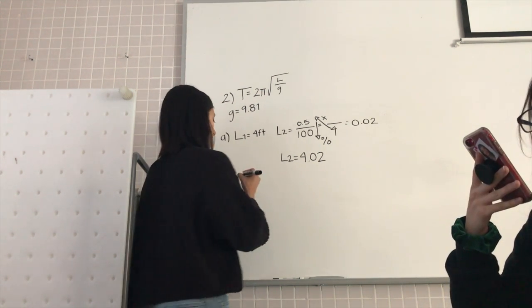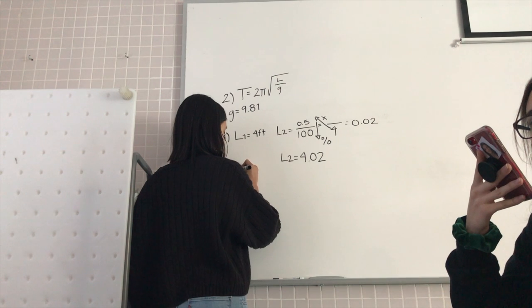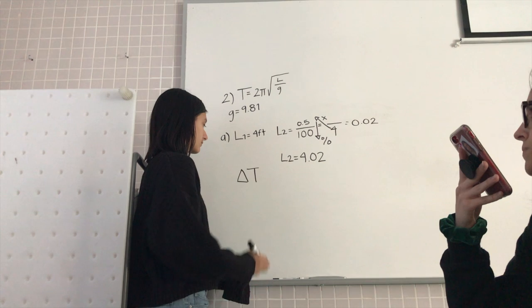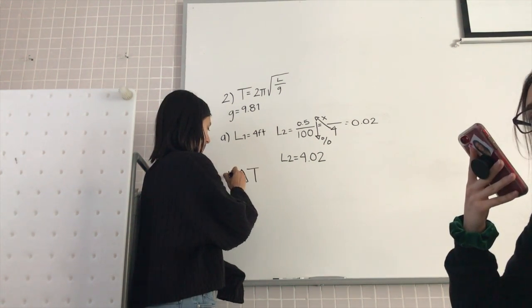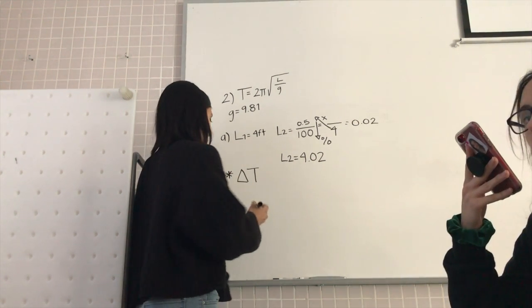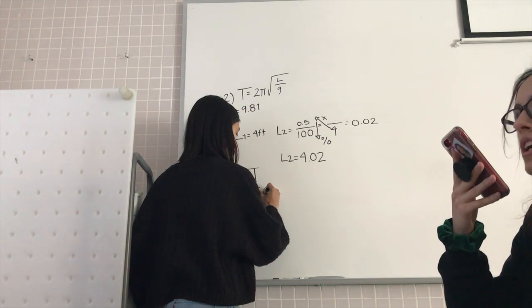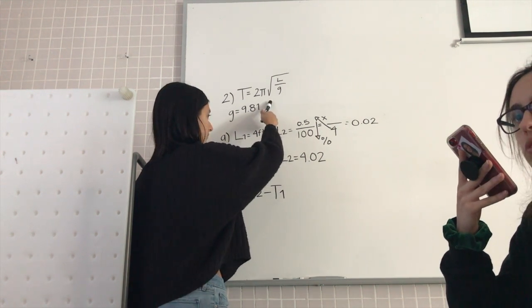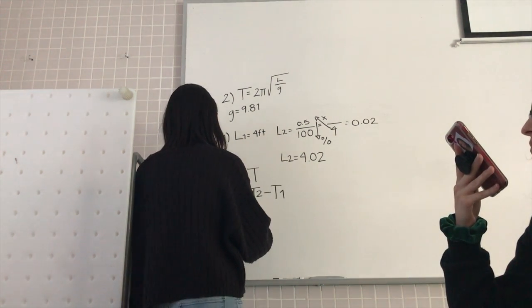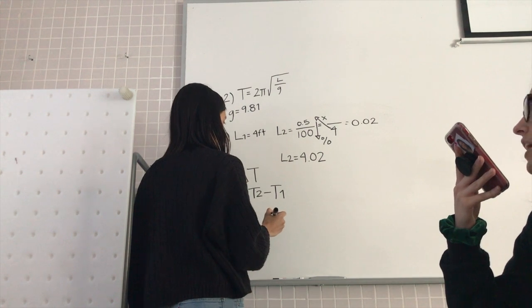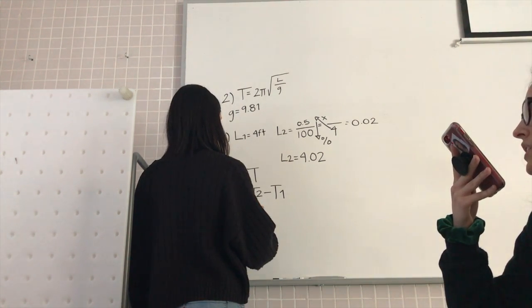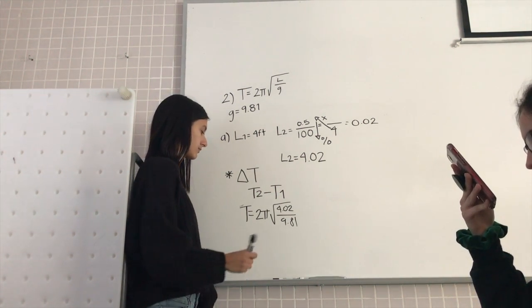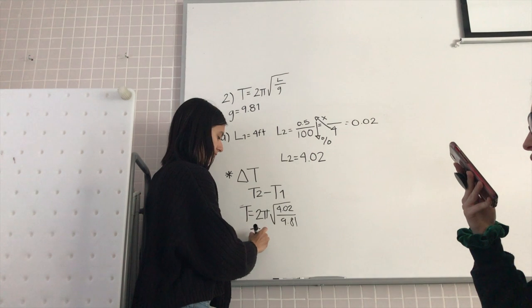Then you have to find the change in the period of the pendulum. This means the change in T, delta T. For us to find delta T, we need to find T2 minus T1. And for us to find each T, we need to plug in L2 in its corresponding T. So we first plug in 4.02 into the equation, and that gives you that T2 is equal to 4.022.